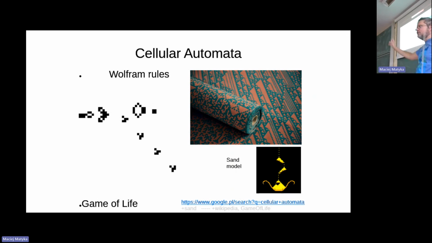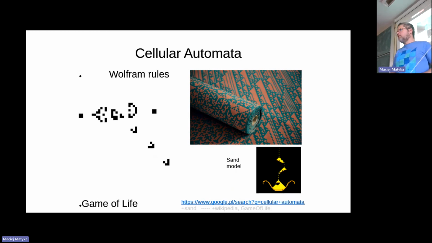And there are thousands of interesting systems and configurations that people study. I will not go more into the Game of Life, but this gives you some thinking about cellular automata itself. People use it for different things, and you can even simulate sand, for instance, with cellular automata and so on.